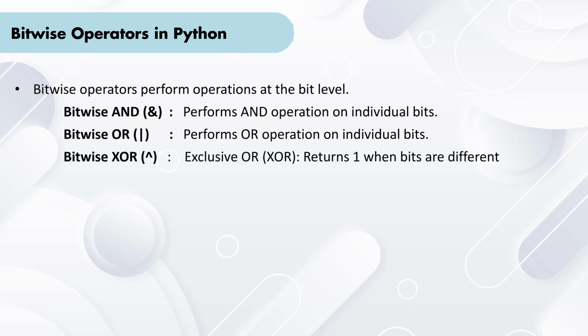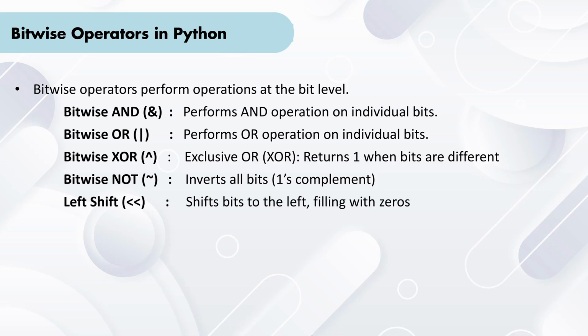Similarly, bitwise exclusive OR returns 1 when bits are different. Bitwise NOT inverts all bits, that means 1's complement. Bitwise left shift shifts bits to the left, filling with zeros.